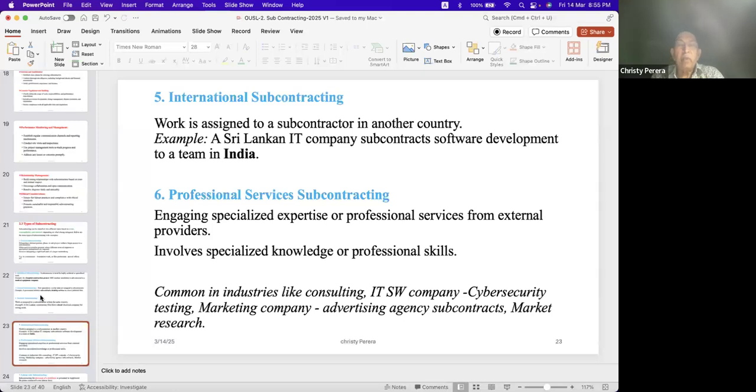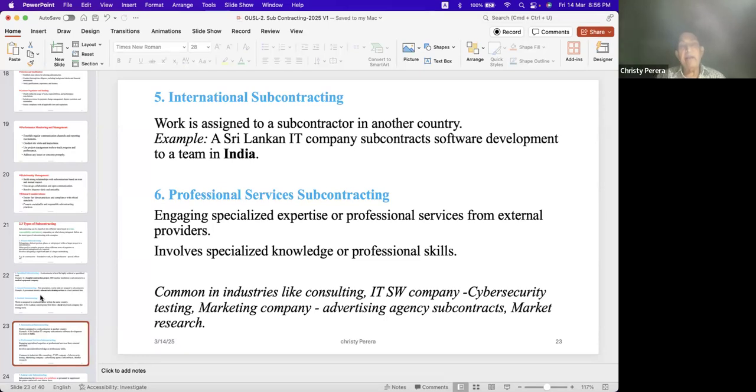Some of our places, like Virtusa and Hsenid, that type of institutions do some development work and subcontracting in other countries. So that is called international subcontracting.